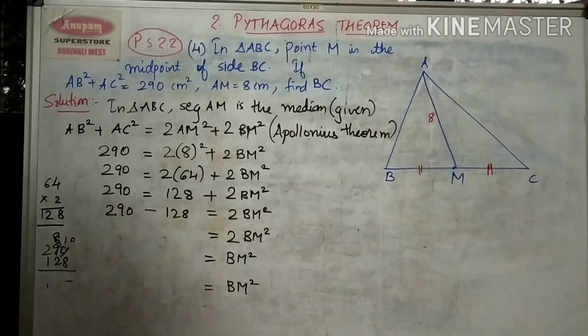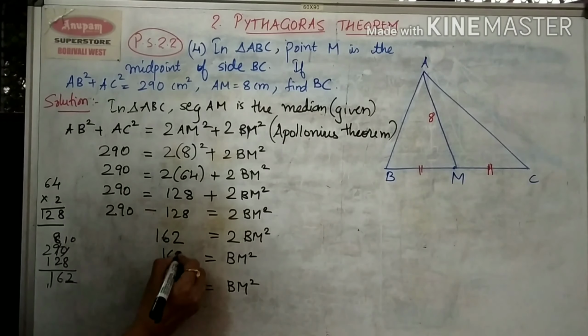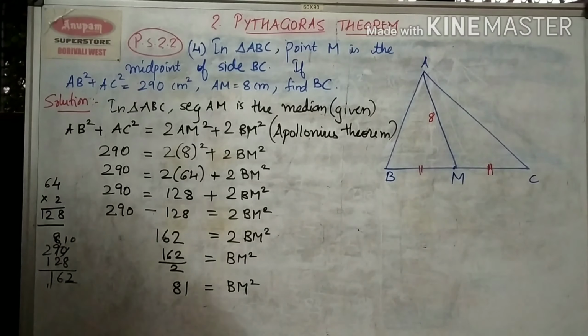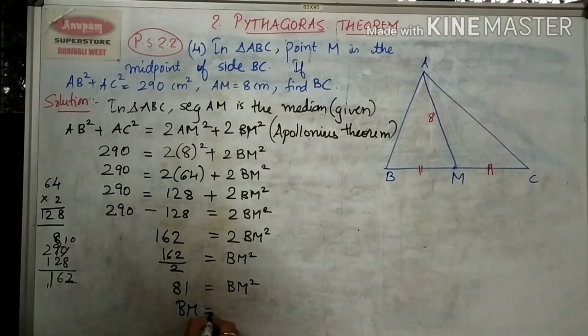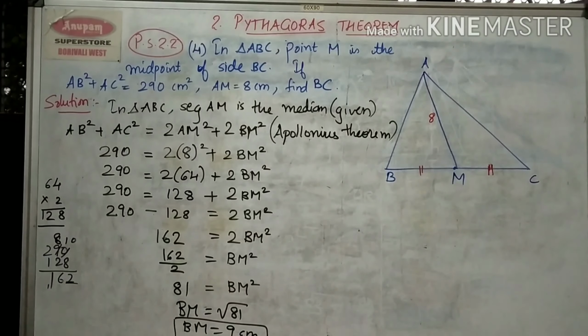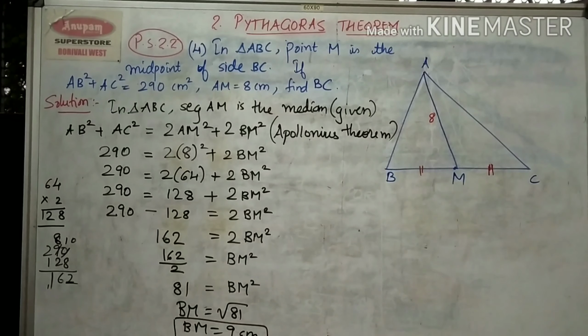Here 10 minus 8 was 2. This was 6, and this is 1. I'm so sorry. So this becomes 162. This becomes 162 upon 2, and this becomes 2 8s are 16 and 2 1s are 2, so 81. So BM is going to be the square root of 81. So BM will be 9 centimeter. But we are not supposed to find out BM. We are supposed to find out BC. But once I get BM, I can easily find out BC.